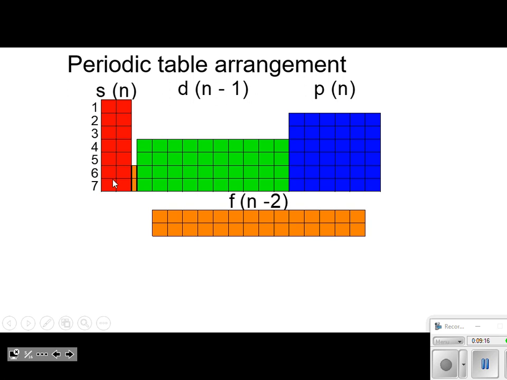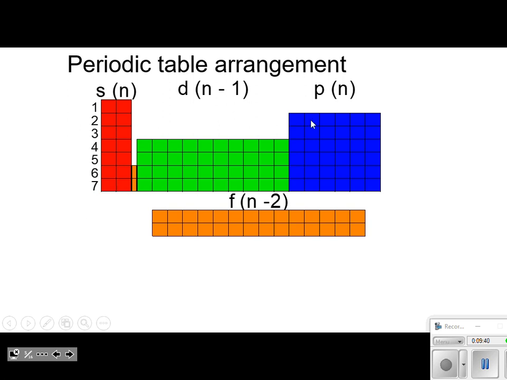Now, you see where I'm doing the groups. You should have little numbers up here that say 1 and 2, somewhat similar to what I have there. So groups 1 and 2 are the s orbitals. Remember, there are 3 p orbitals, the px, py, pz. 3 times 2 is 6.